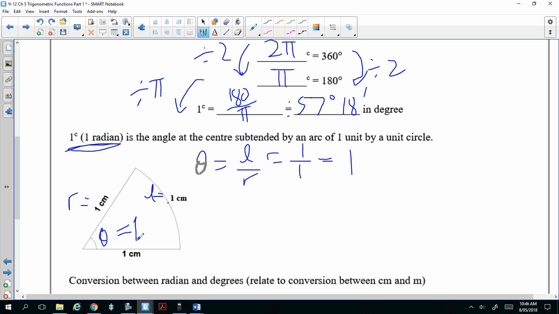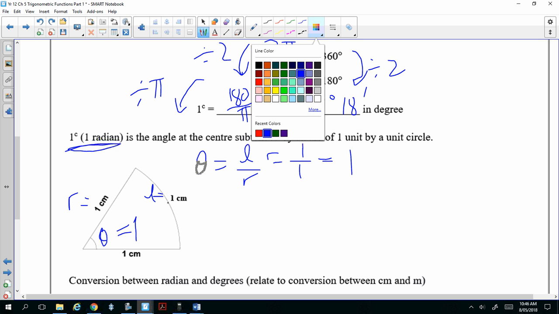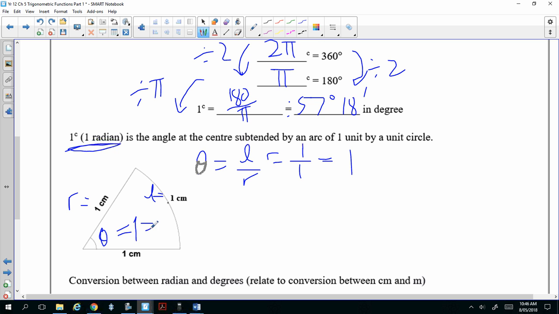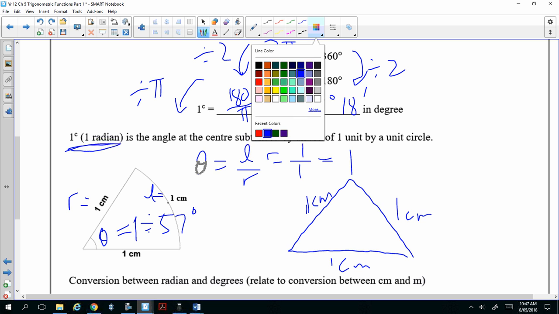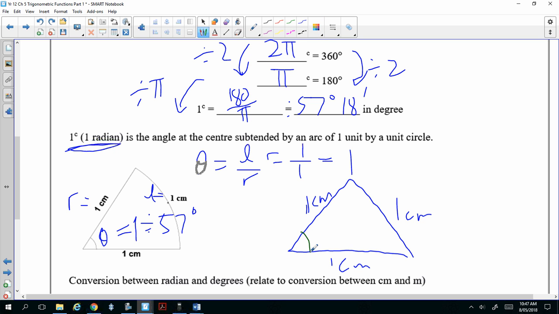Now, I could draw a different shape, which is approximately 57 degrees. Now let me draw another thing. Let's draw a triangle with 1 centimeter each. What do we know about this angle for an equilateral triangle? 60 degrees.